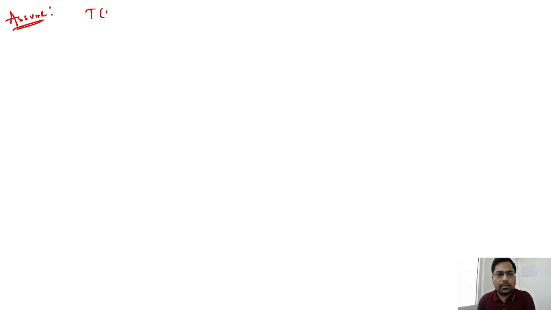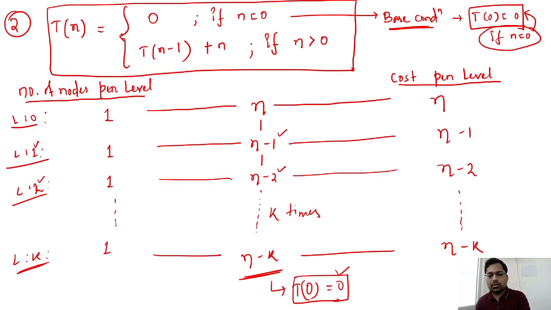The base condition you have written is T of 0 equals 0, which is only possible if n equals 0. Let us think we have reached it. Once you have reached it, the reducing function you have written is this much, because this is the cost.